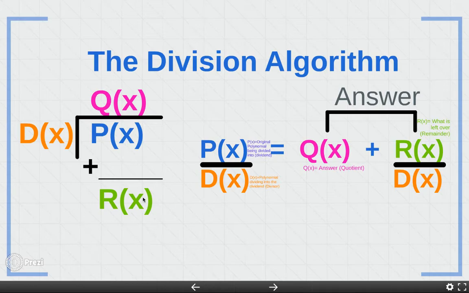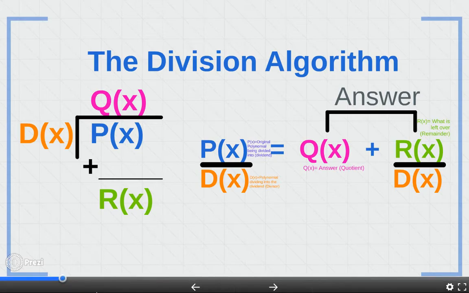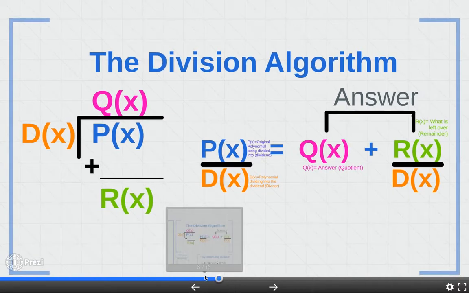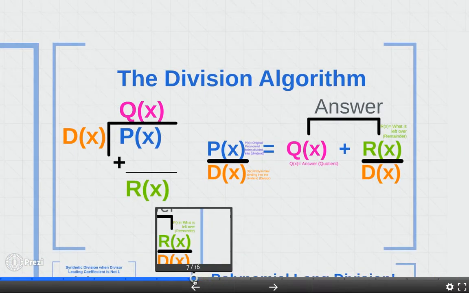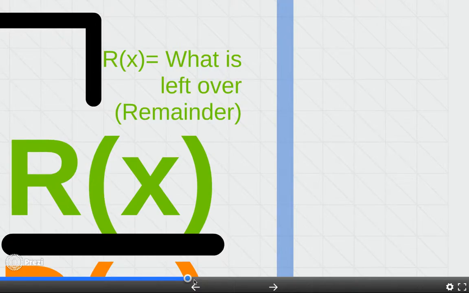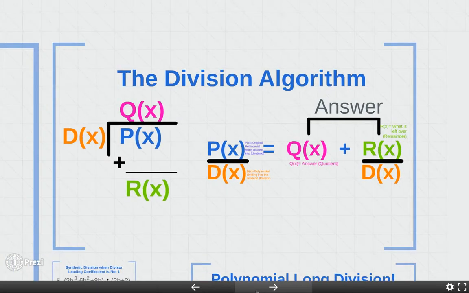And finally, this thing at the bottom, r of x, is our remainder, which is what is left over. Okay, and if you get a remainder of 0 at the bottom, that means that you do not have a remainder, which is kind of cool, and that will come into play when we start working example problems, so get excited. Okay, so again, we have the divisor. The dividend is p of x, q of x is our quotient, and r of x is the remainder.